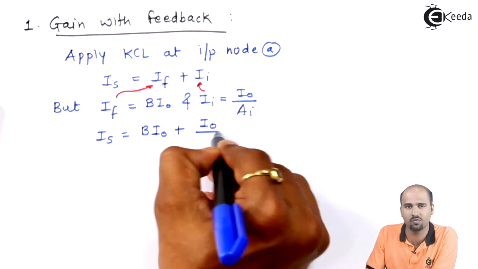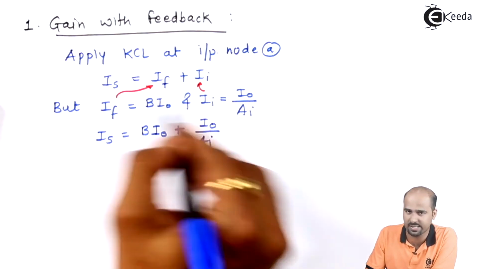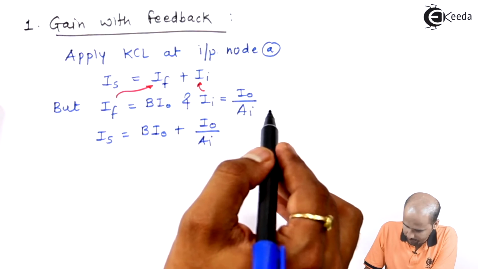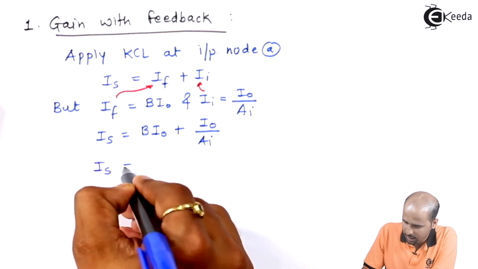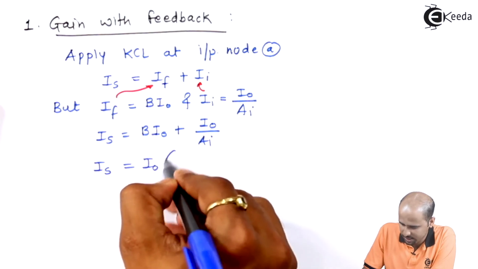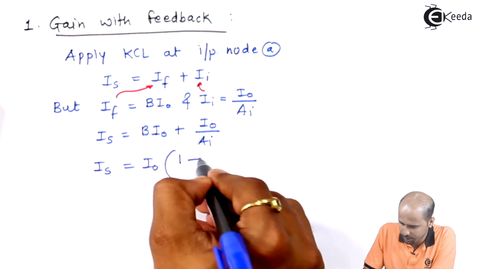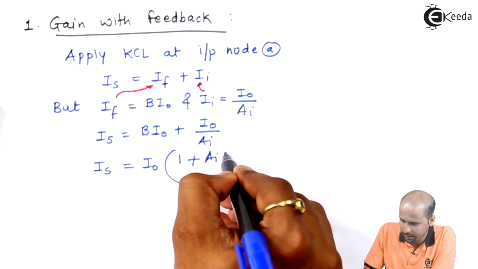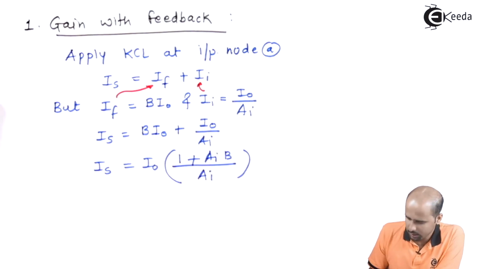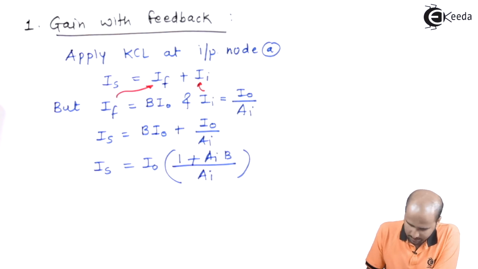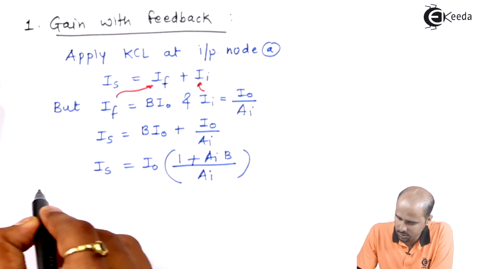So everything is in the form of IO and IS. Here we get IS is equal to IO, taking it common, times 1 plus AI into B divided by AI. Right? Got it?